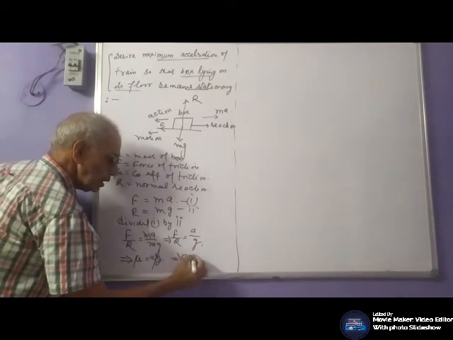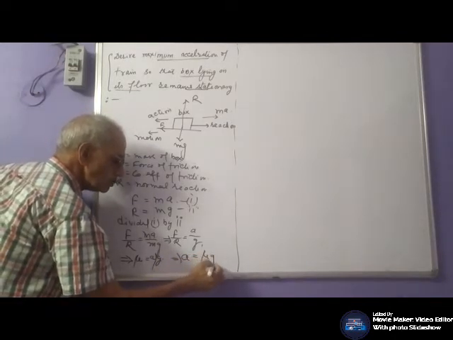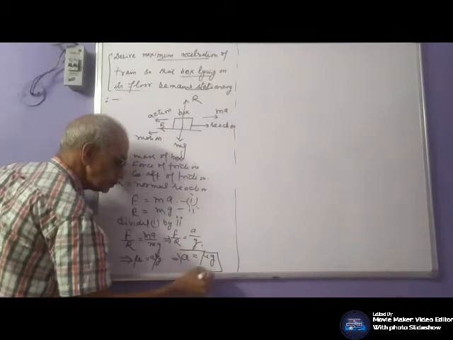So A is mu g. So this should be the maximum acceleration of the train so that the box lying on it remains stationary.